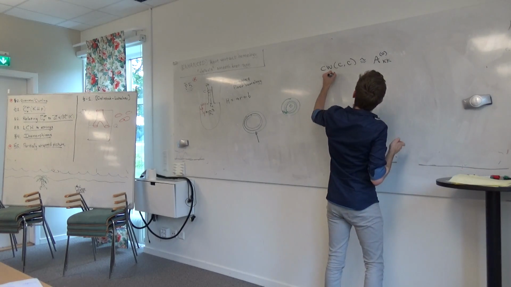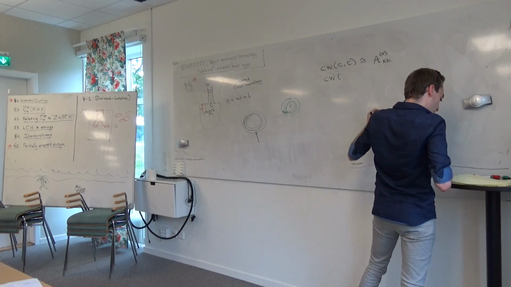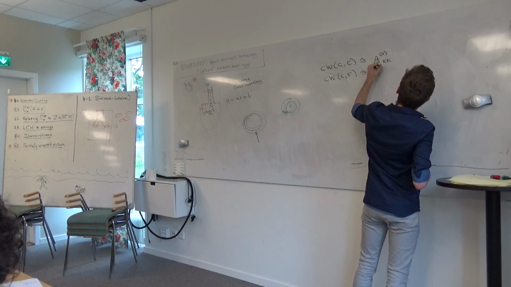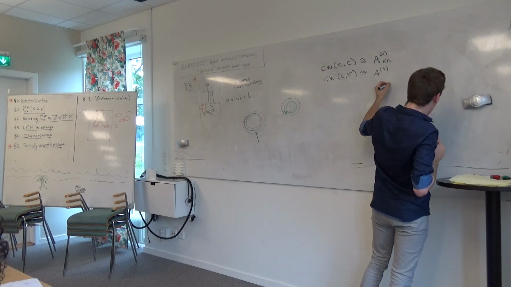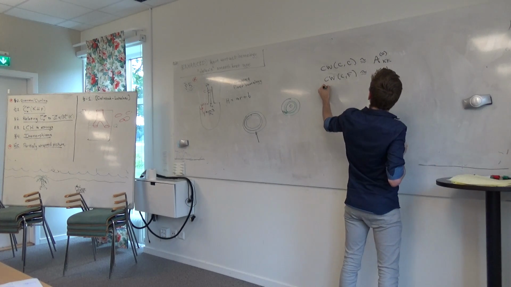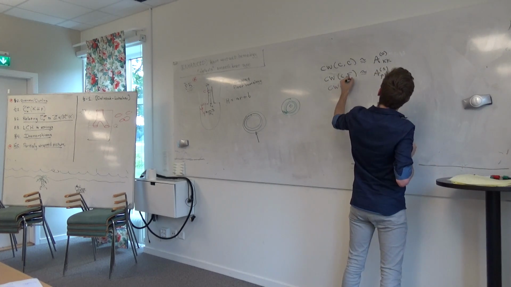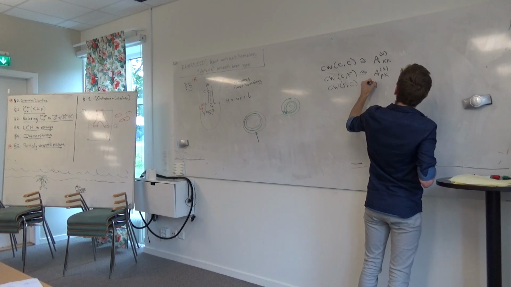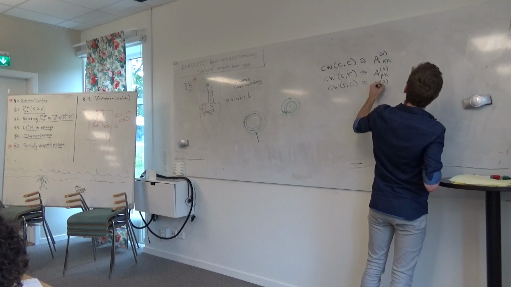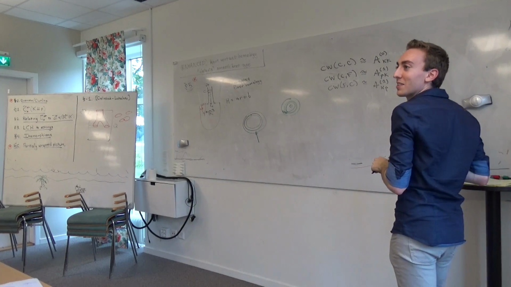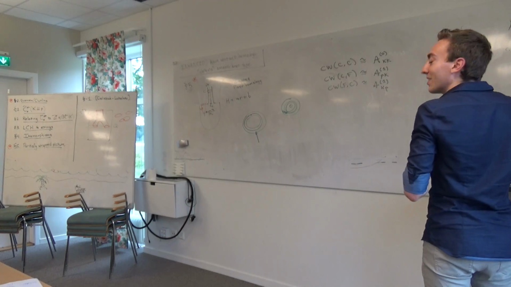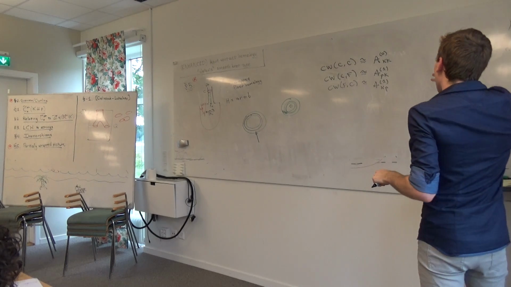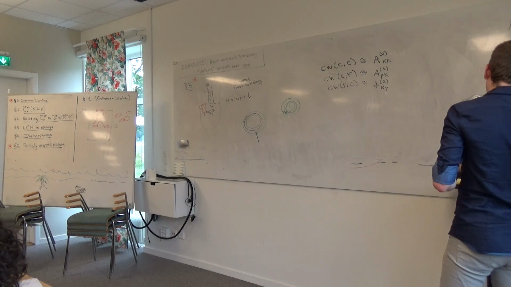You get that CW of CF is going to be isomorphic similarly to A1 of PK, and CW of FC is going to be isomorphic to, did I mess this up, or is this where the indices get moved up? Okay.